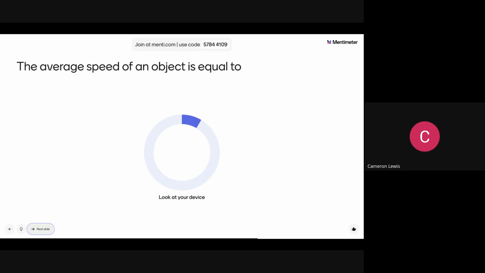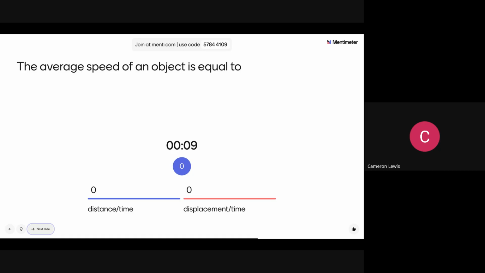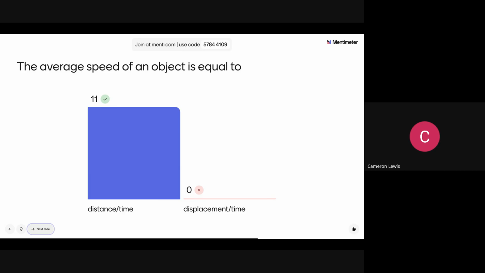So then we have the average speed of an object, right? Now let's get into some equations, right? The average speed of an object is equal to distance over time or displacement over time. Remember, scalars go together, the vectors go together. Good, 100% correct. Good job. So we got the average speed of an object is equal to the distance over time. So it is position over time, but which quantity of position?